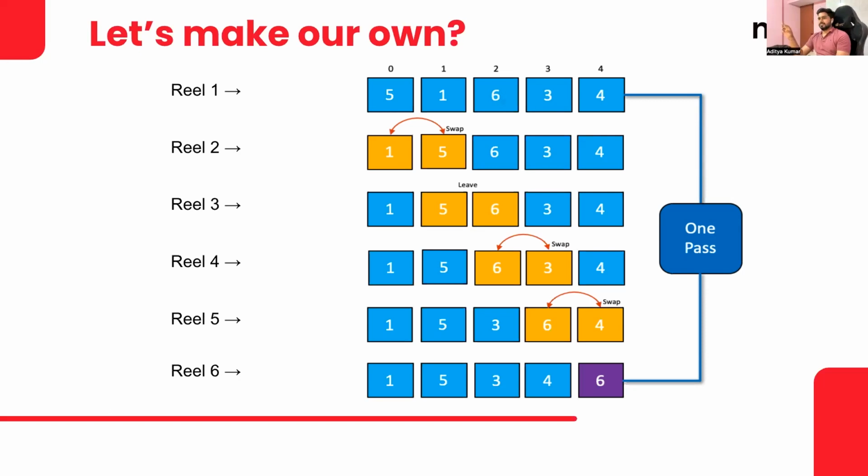Not every step is necessary to record, but whatever is a critical step where some major change is happening, two elements are getting swapped, two elements are getting compared, that you need to store there, right? So in a reel format, right? And that you can play manually or automated, both, whatever you like, right?